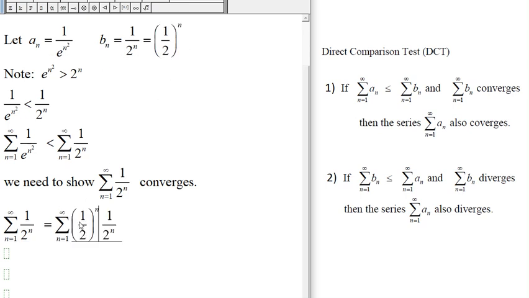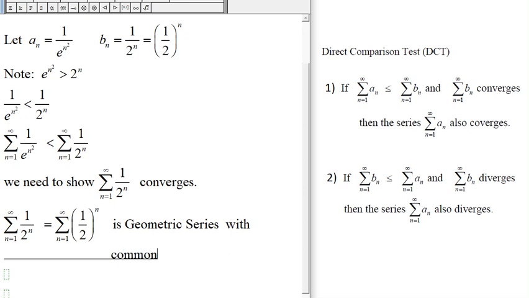And then we can rewrite this as the 1/2. And notice that this is a geometric series with common ratio r equal to 1/2.